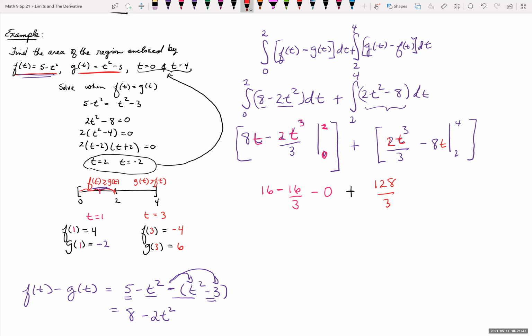Plug in 4, so minus 4 times 8 is 32. Minus, be careful here, I have to subtract the whole quantity when I plug in 2. We already actually did that over here. When we plugged in 2, we got 16 minus 16 thirds.